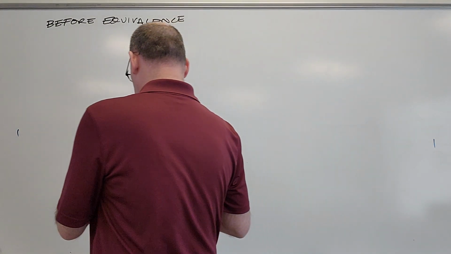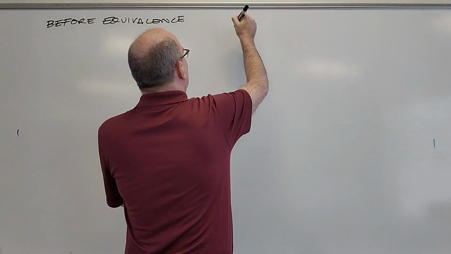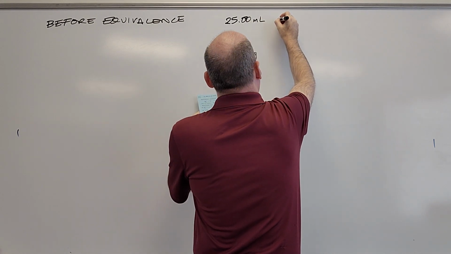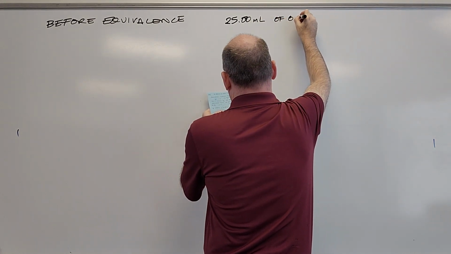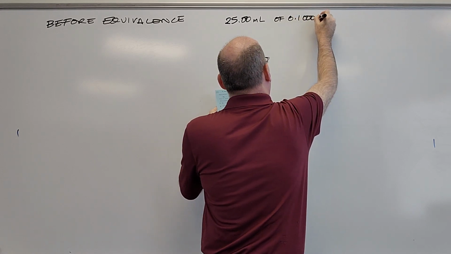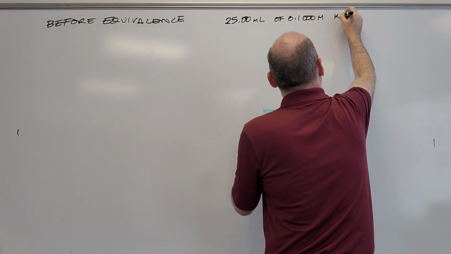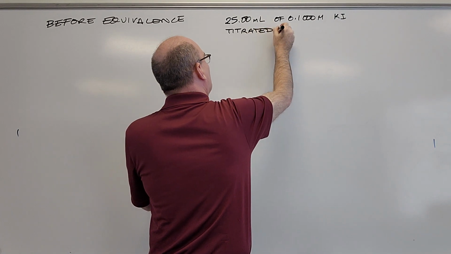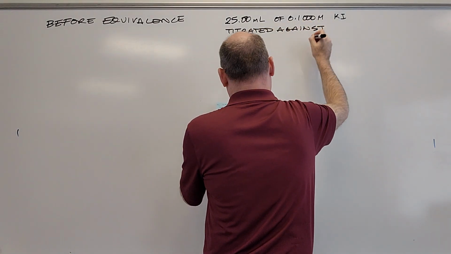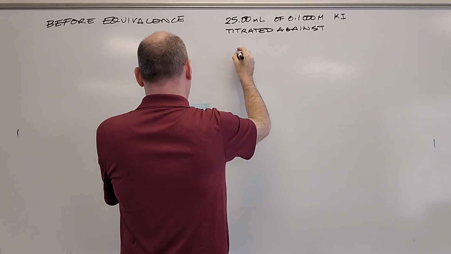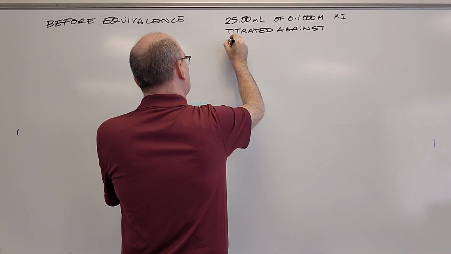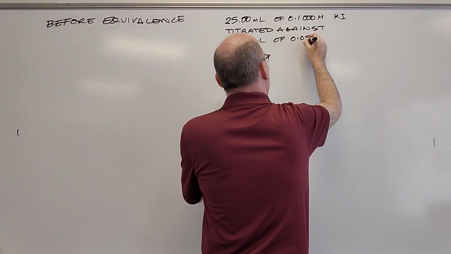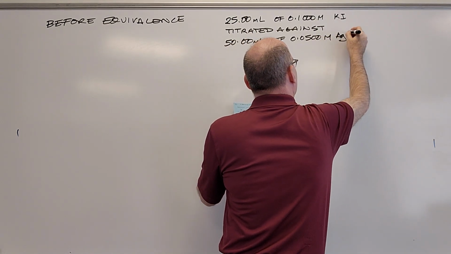Let me restate the question so we know where these numbers come from. We had 25 milliliters of 0.1 molar potassium iodide titrated against 50 milliliters of 0.05 molar silver nitrate.